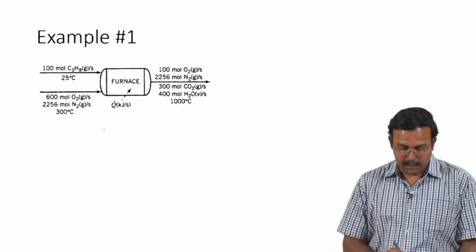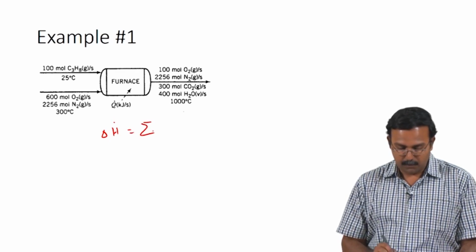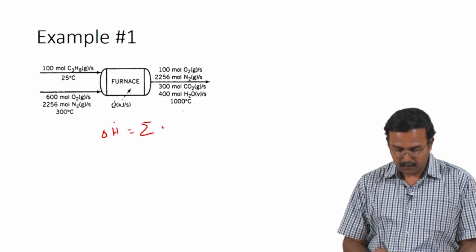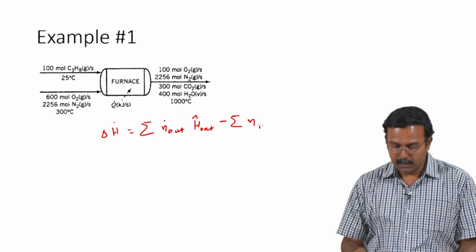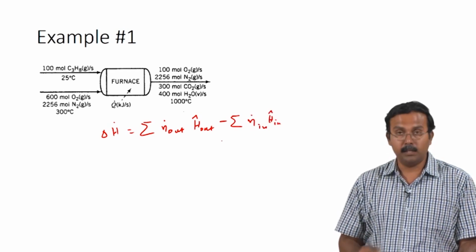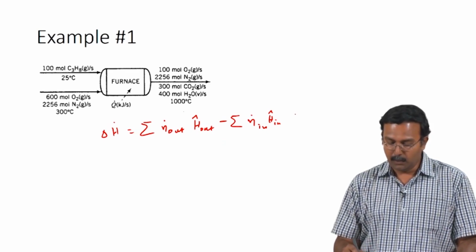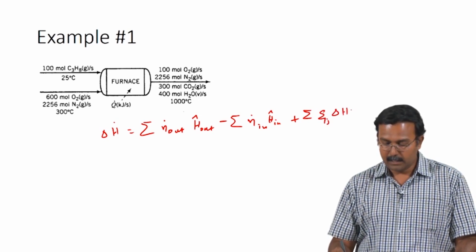The equation delta H dot, which was just the sum of N out dot H cap out minus the sum of N in dot H cap in, would now have another term, which is the sum of xi_j delta H_r cap_j.